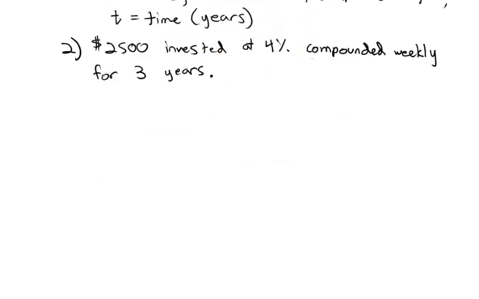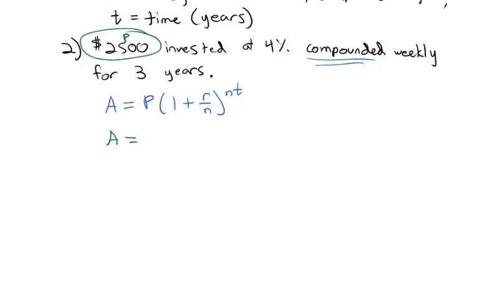Well, when we see the interest rate is compounded, that means we take A equals P times 1 plus R over N to the NT power. A is what we're looking for, the future accumulated amount. P is the present value of the principal that we started with. In this case, $2,500 was invested, times 1 plus R, the interest rate. 4% as a decimal is 0.04.